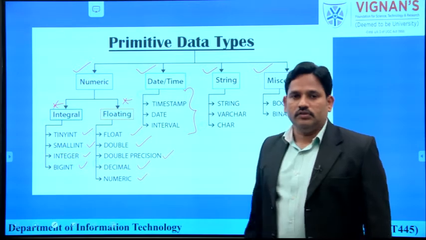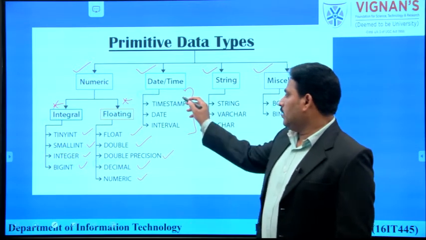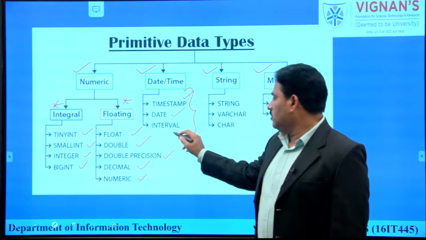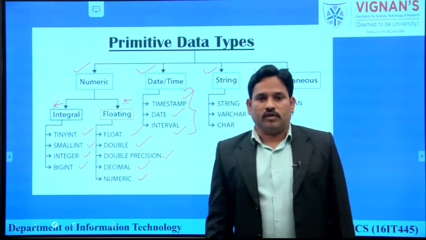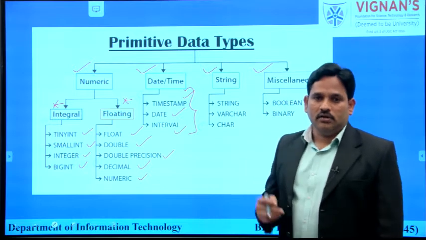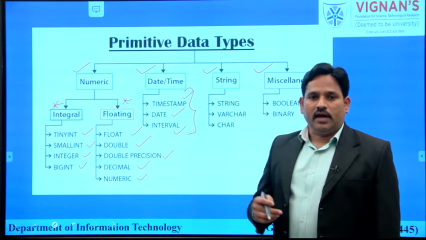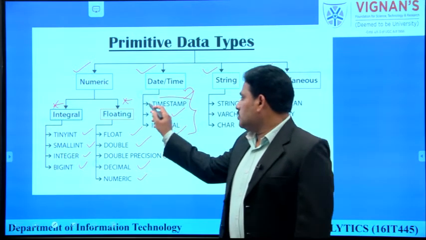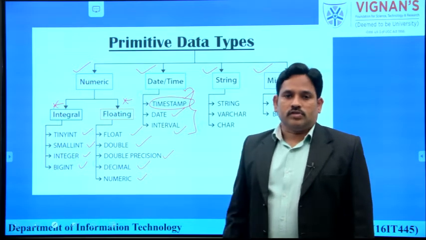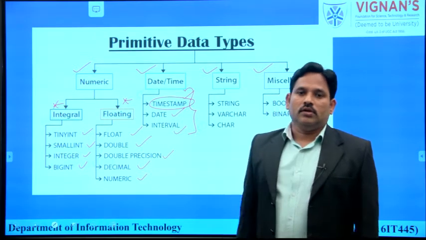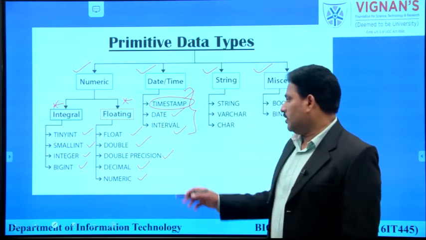In this we have three subcategories: timestamp, date, and interval. To represent or store a specific amount of time, time of generation, or time of an event happening, we can use timestamp. This timestamp will go up to nanoseconds. That means we can store information or time up to nanoseconds.